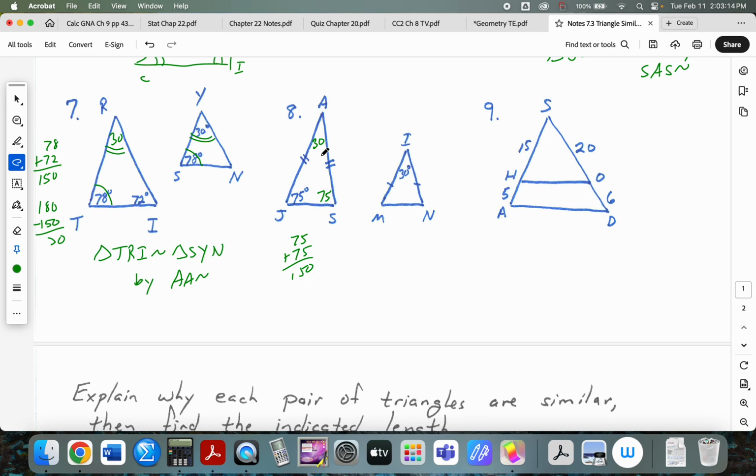And these two angles are congruent, and the sides on either side of them are in proportion. I don't know what the ratio is, but I know that it's going to be the same ratio. So triangle JAS is similar to triangle MIN by side angle side similarity.